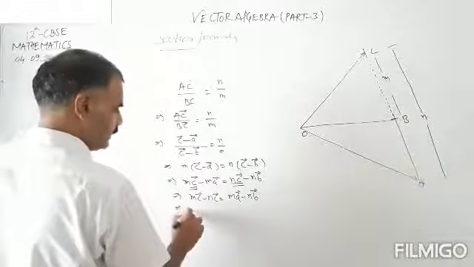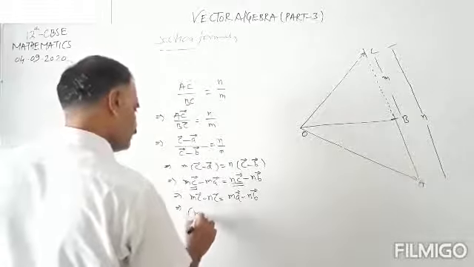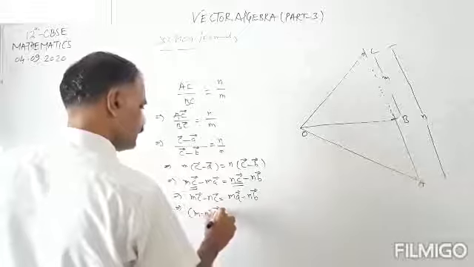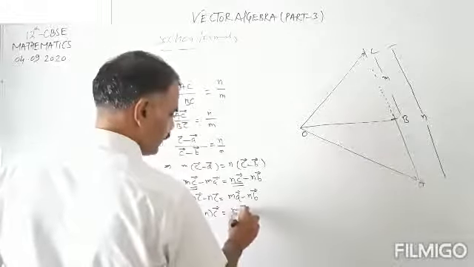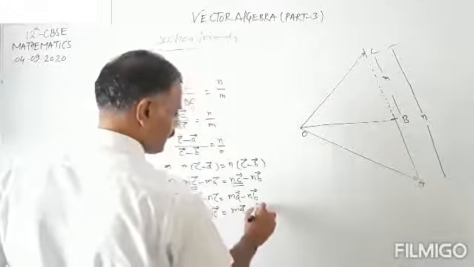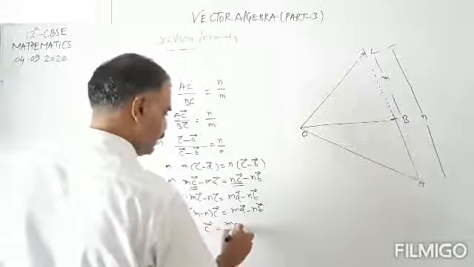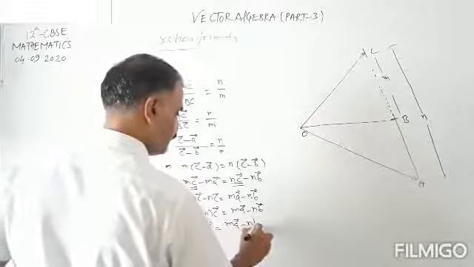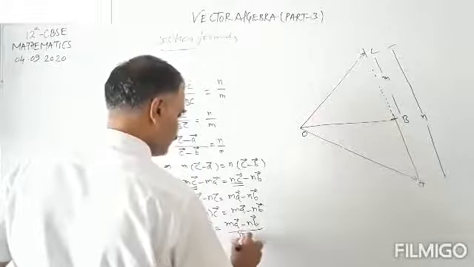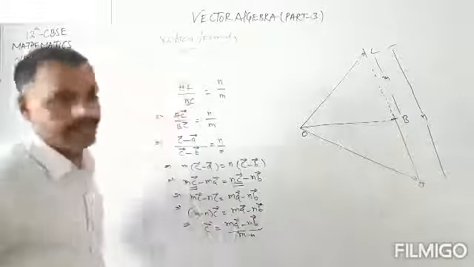Okay, now taking C vector as common, M minus N C vector is equals to MA vector minus NB vector, and this implies that C vector is equals to MA vector minus NB vector divided by M minus N.